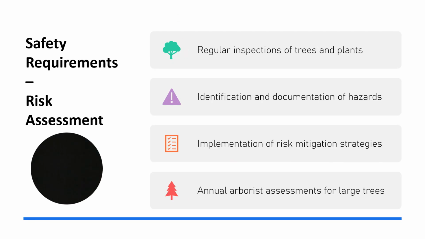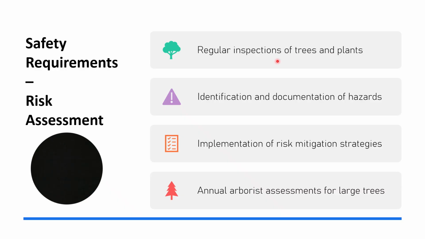When we consider the safety requirements of plants and trees in the school, first we have got to assess the risk relating to planting trees. The regular inspection of trees and plants to see if there are some insects, poisonous ones.